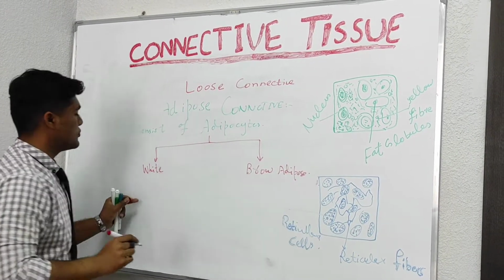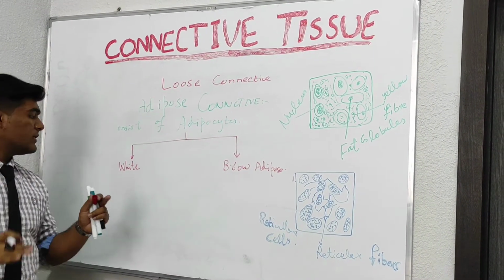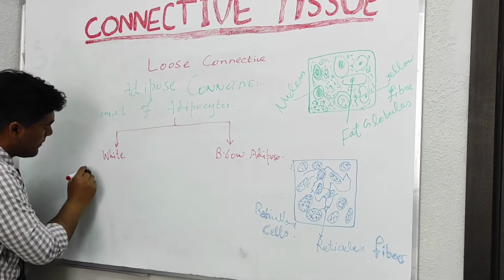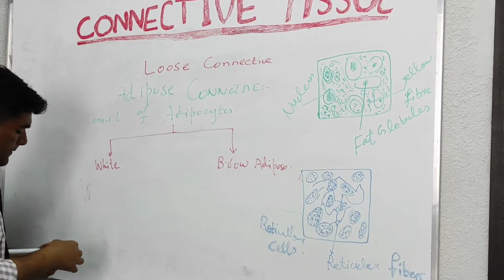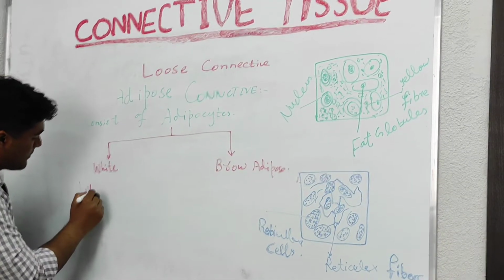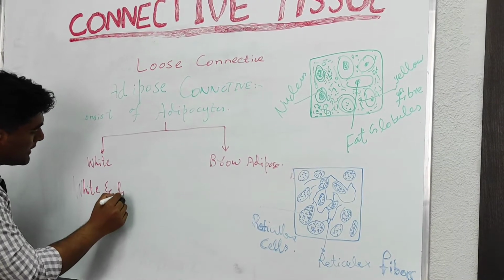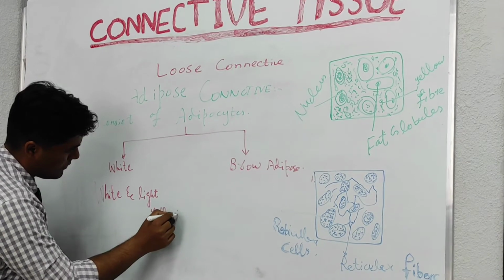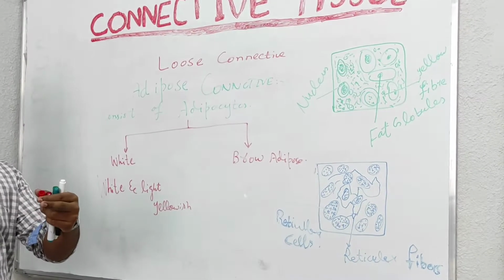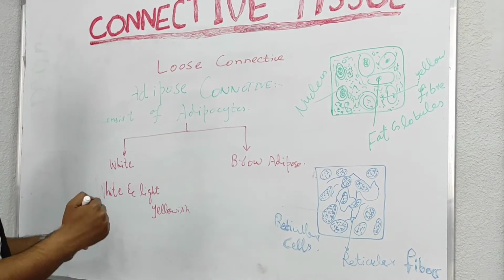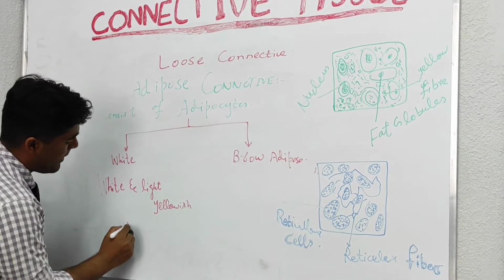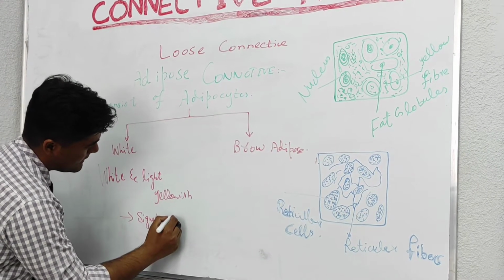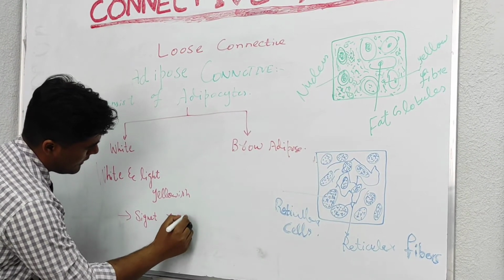Talking about white adipose tissue, when we see it with the naked eye it appears white and light yellowish. On the basis of its nature, its adipocytes have a signet ring appearance.